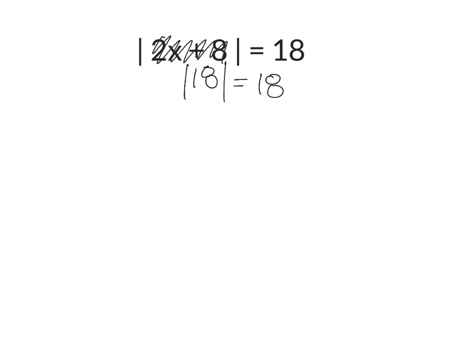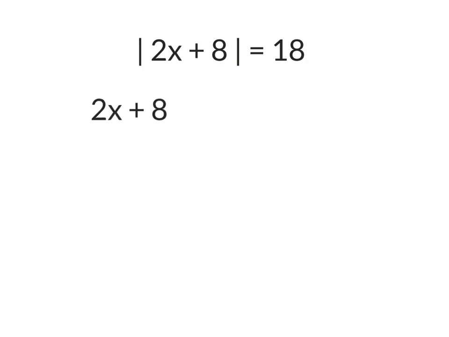So if I erase this and copy this, if this part on the inside equals 18, the absolute value of 18 equals 18. That is one situation I need to think about, what x would be if that were the case.